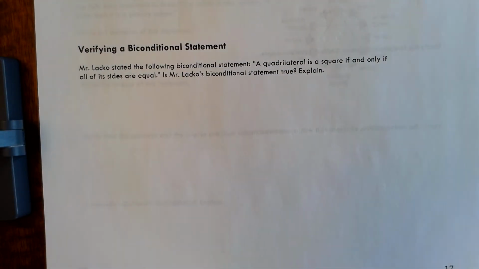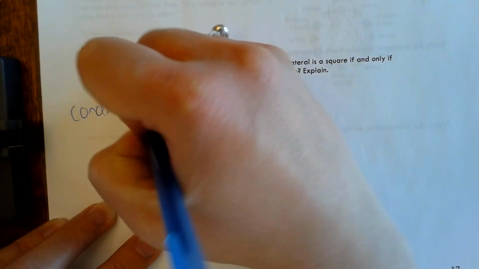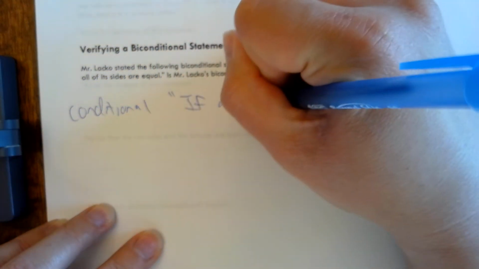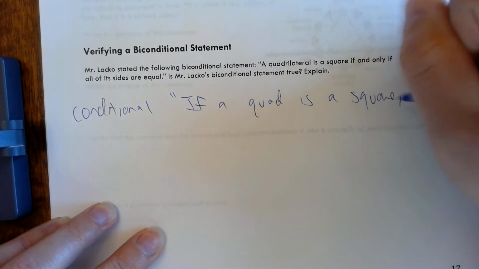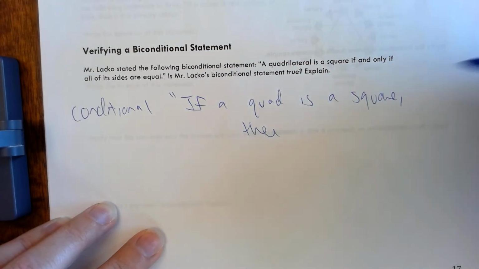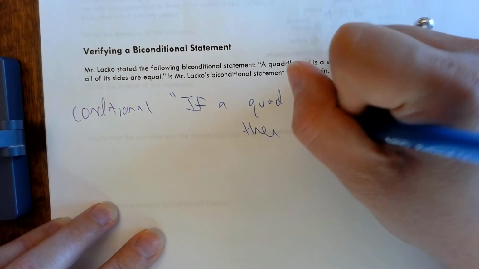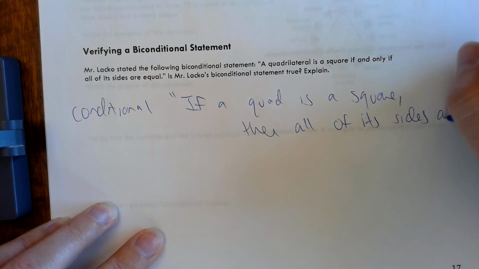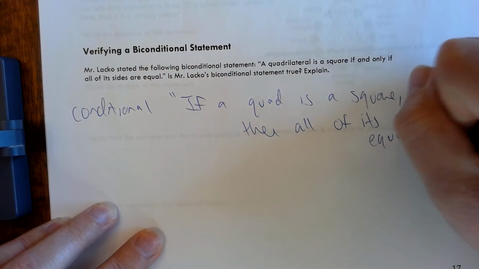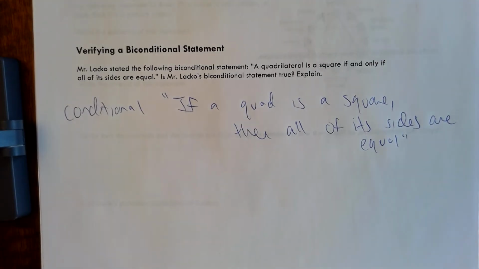So let's even write those down. Conditional. I'm just changing it into the conditional form. If a quad is a square, then all of its sides are equal. Do we think that's a true statement? I usually just try to picture a square.